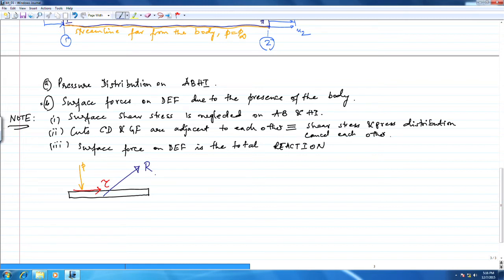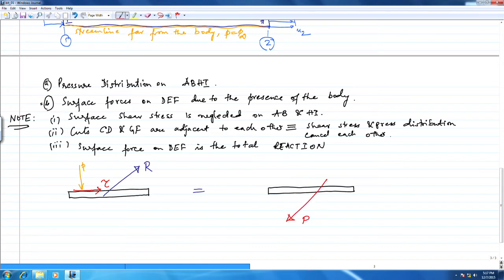So, therefore, what is my surface force then? My surface force is essentially this force which is being caused, and my surface force on DEF is reacting to this. So, therefore, what that basically means is that there is an equal and opposite.